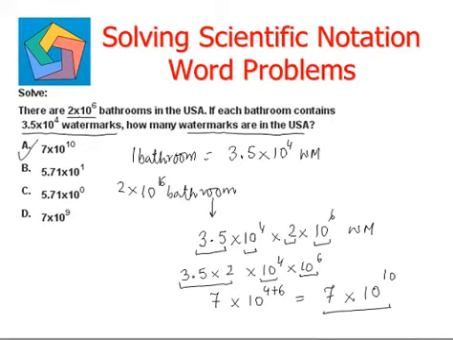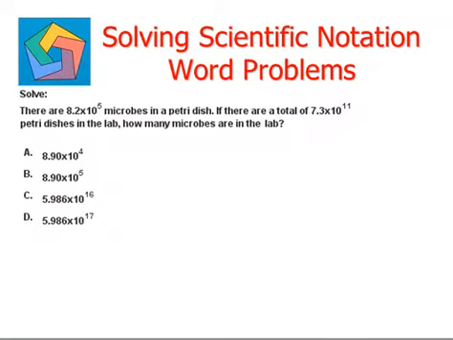For better understanding, let's look at the next question. There are 8.2 into 10 to the power of 5 microbes in a petri dish. If there are a total of 7.3 into 10 to the power 11 petri dishes in the lab, how many microbes are in the lab?